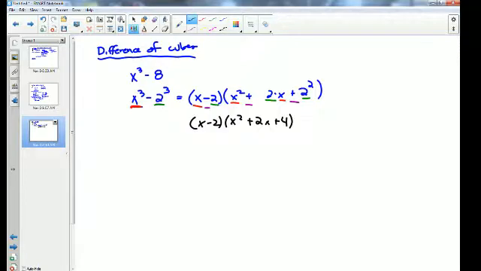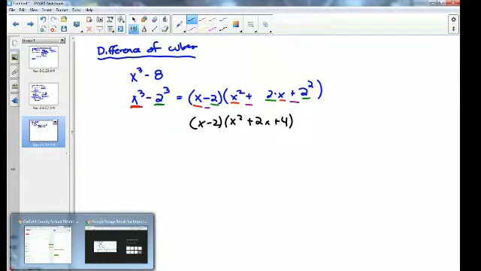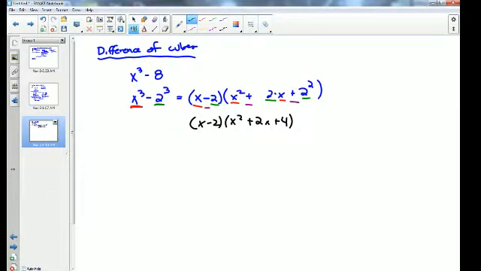Okay. Can I factor this any further? No, I can't. And that will usually be the case. So you're just putting each of these terms in the right spot, and you're good to go. And it will give you a factor, right? What could I do with this factor?